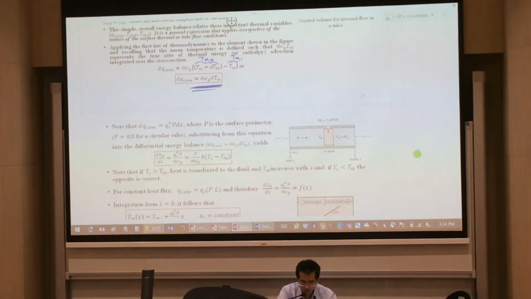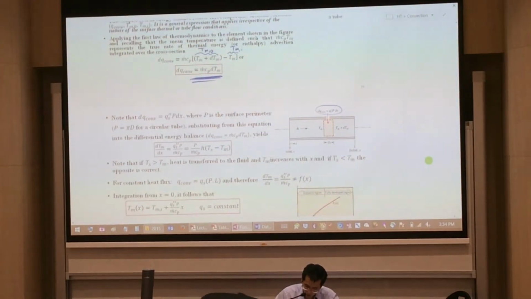Now there's also this part here that I didn't explain, this top part over there, where we talked about the convection that's going in it. So you can see that is equal to the following form for convection. Now that double prime means that it's per unit area. So that Qs double prime multiplied by P. P here is your surface parameter.